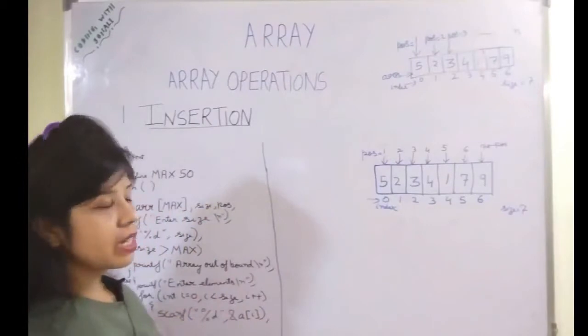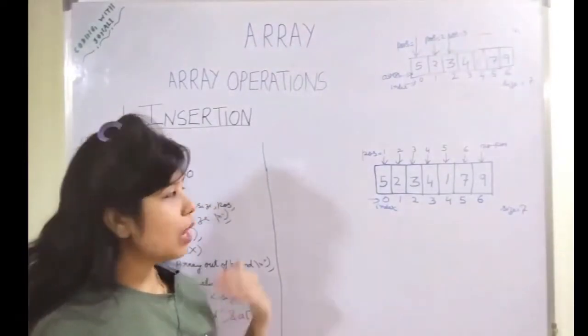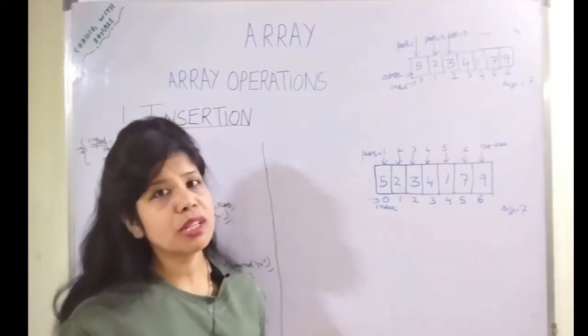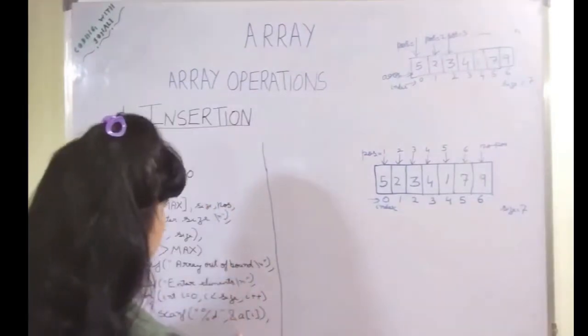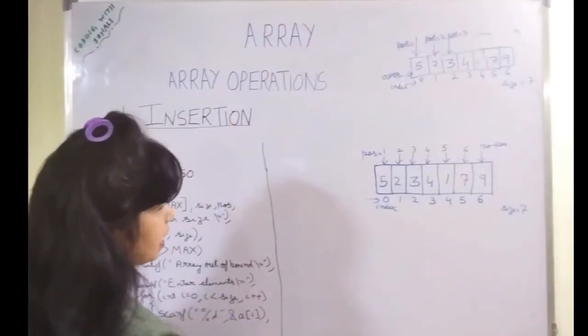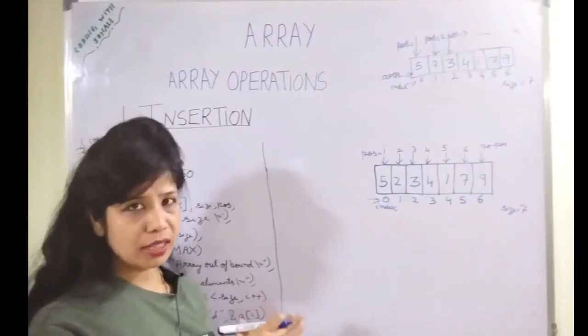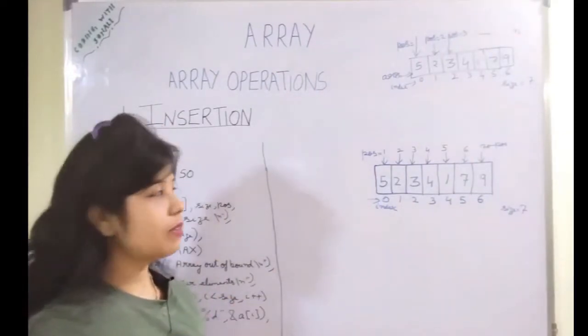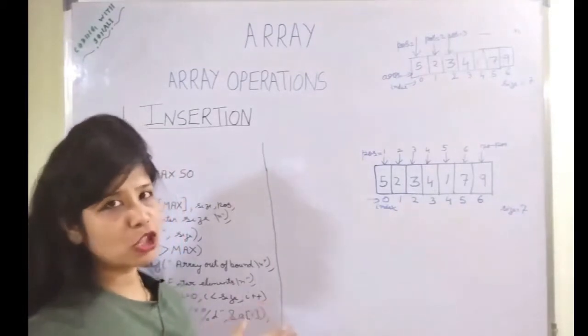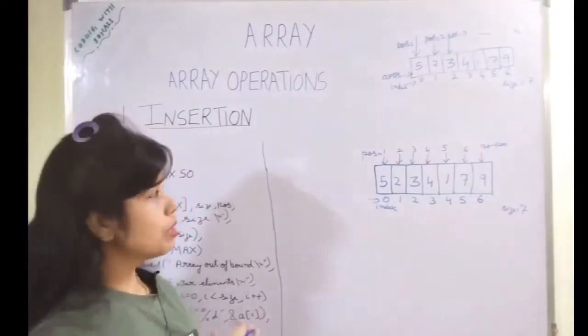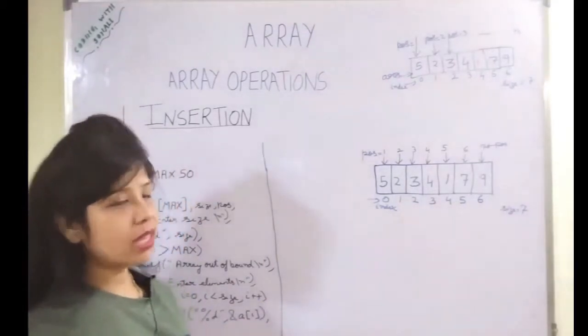Then we ask the user to enter the position where they want to insert the element. We will understand this piece of code, and later see how to perform the insertion at the beginning as well as at the end, and we will see the time complexity in each of these scenarios, for the sorted as well as the unsorted array.